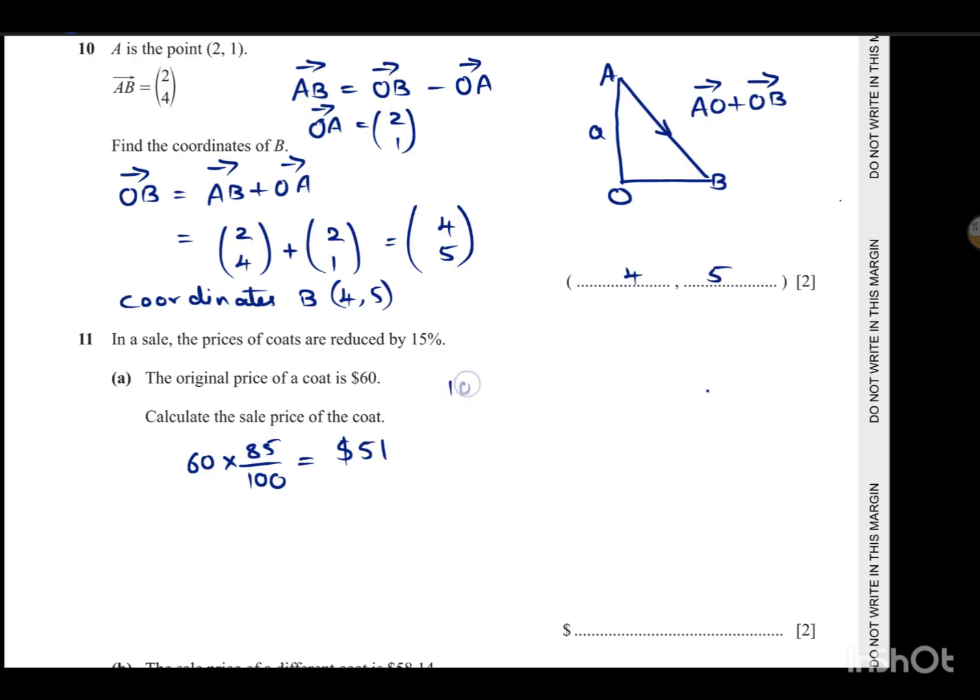You can write here 100 minus 15 is equal to 85. Therefore, discount price is equal to 85% of 60. So the answer is 51.